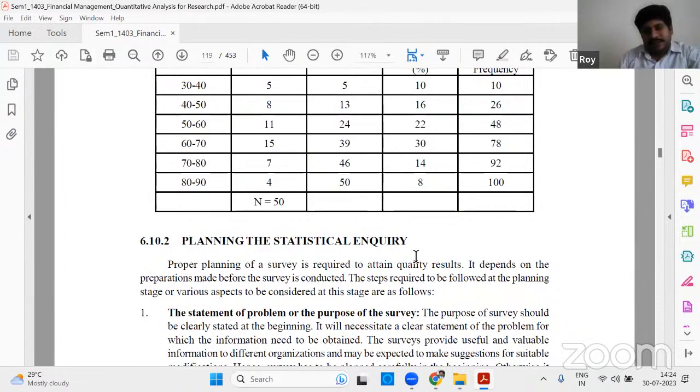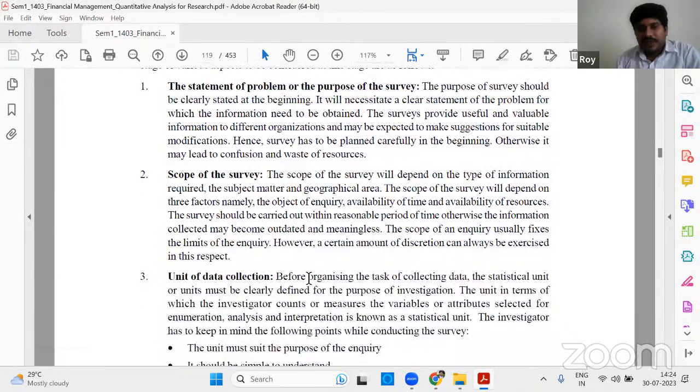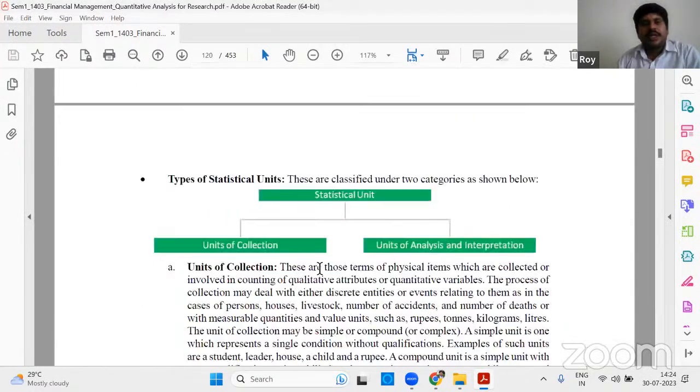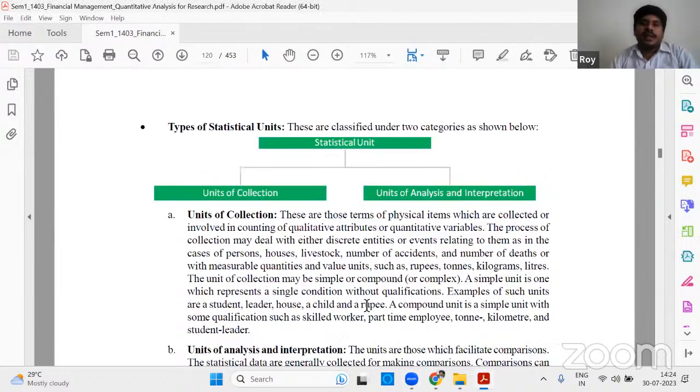Planning the statistical inquiry. How we need to plan it. Statement of the problem or the purpose of the study you need to define. Scope of the study you need to understand. Unit of data collection you need to know. And again, these are statistical units of collection, units of analysis and collection. These are terms of physical items which are collected or involved in counting of qualitative attributes or quantitative variables.